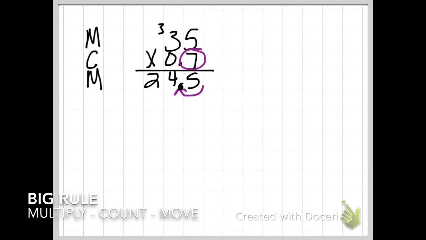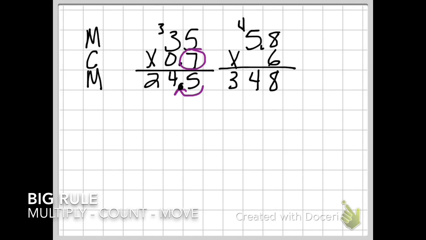Let's take a look at another one. Let's say I've got 5 8/10 times 6. My rule is still multiply, count, then move. So 6 times 8 is 48. Carry my 4. 5 times 6 is 30, plus 4 more is 34.